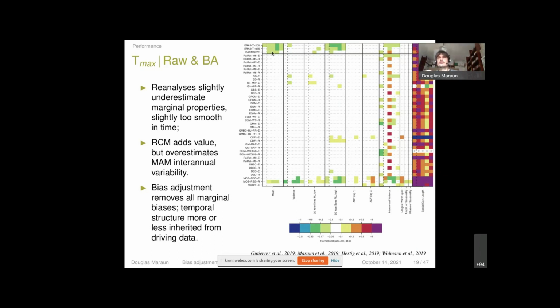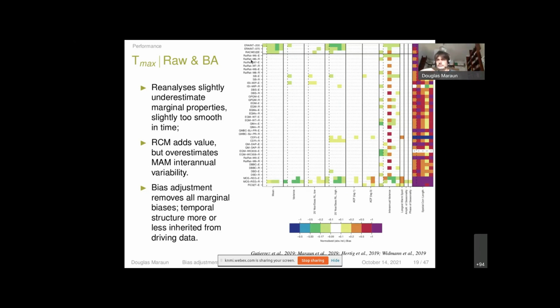So that's this one here. And then we checked how well these models adjust biases. And these are many, many different ones. So from the top to the bottom, it's increasing, let's say, complexity. So these are just additive methods. Some of these methods can also rescale the variance. And then here you've got really all the quantile mapping methods.